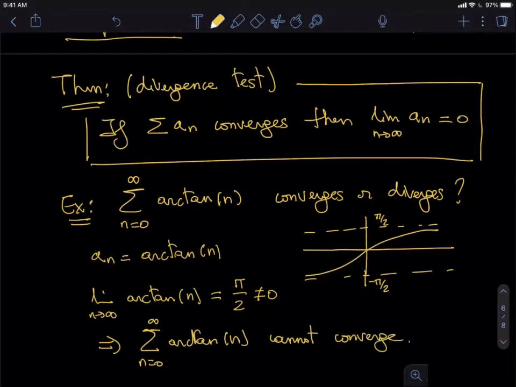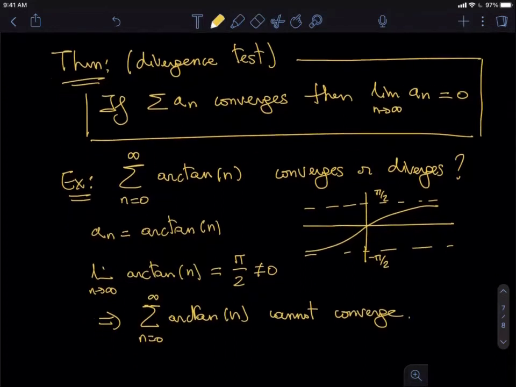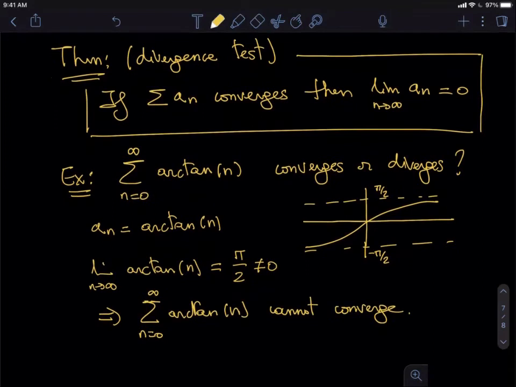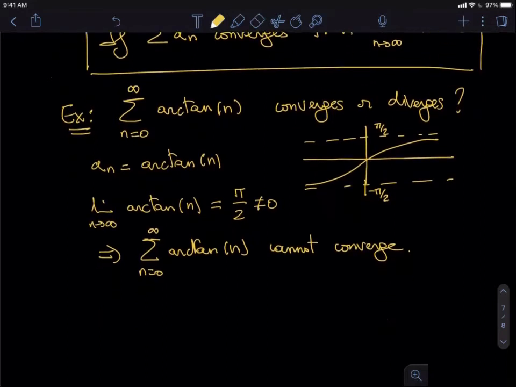This is typical. The first thing we need to check always is the divergence test. Most of the time it's not going to be very useful, but it allows us to rule out silly cases.